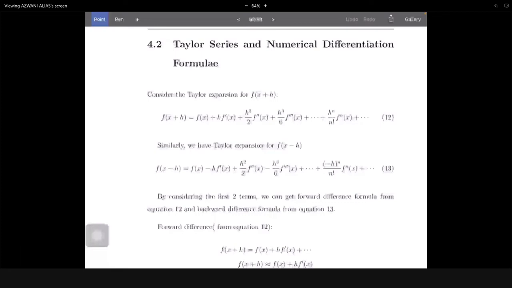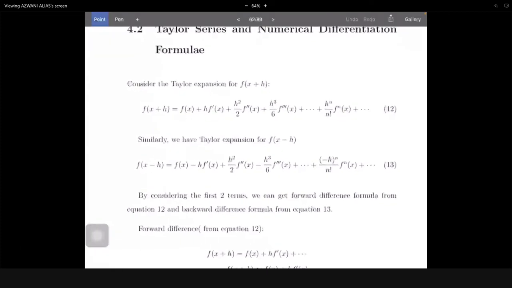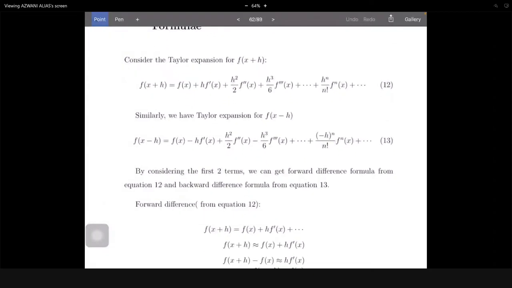Okay, so what is the relationship between the Taylor series and these numerical differentiation formulas? To obtain the numerical differentiation formulas, they can be constructed using the Taylor series. Let's consider the Taylor series expansion here.